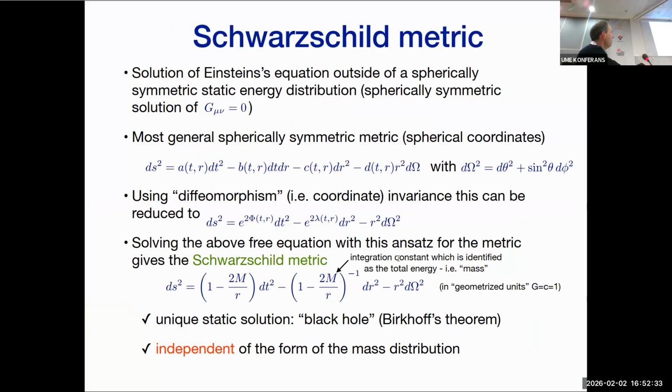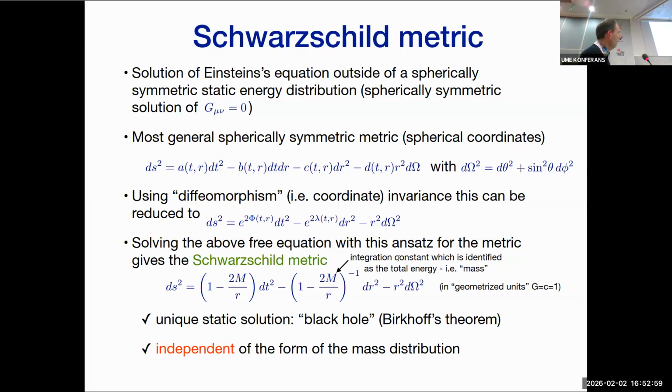And so what you find is that in the end of the day, you end up with a really simple form of the metric, the solution of the Einstein equation, for such a spherically symmetric mass configuration. And this only holds outside of that mass configuration. And that's called a Schwarzschild metric.